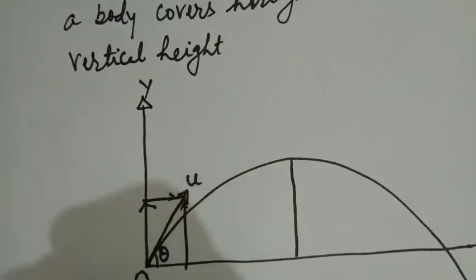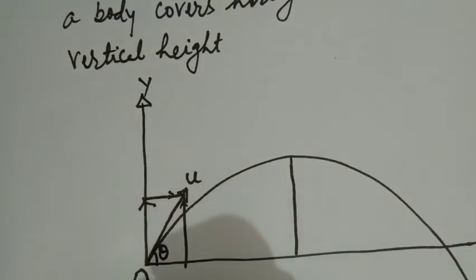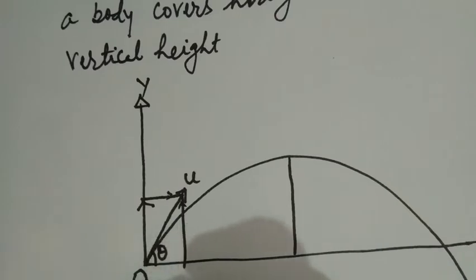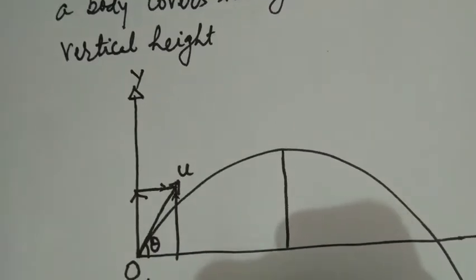The projectile motion is the resultant of two motions: horizontal motion with constant velocity and vertical motion with constant acceleration due to gravity. Understand, students?